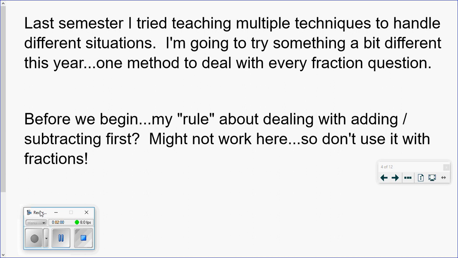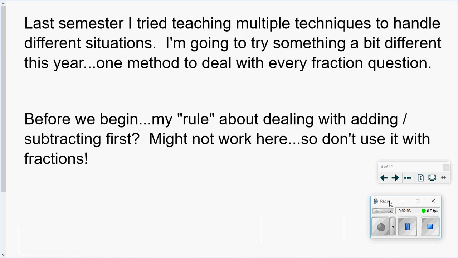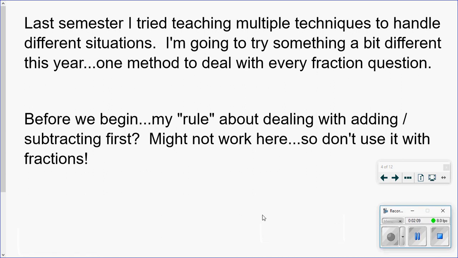Last semester, I tried teaching different techniques to handle different situations. And there's nothing wrong with what I did, except that it was too much for kids on a topic that they weren't comfortable with.